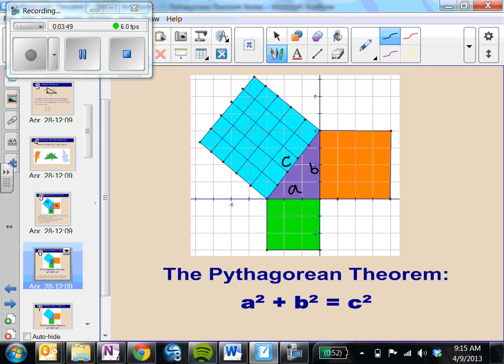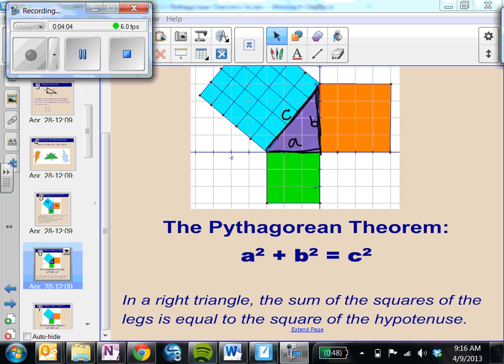When you square the legs, it equals the square of the hypotenuse.